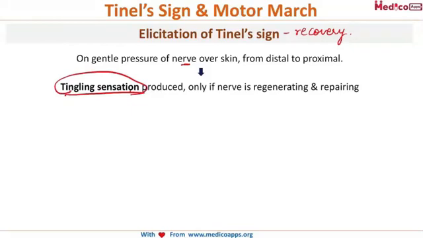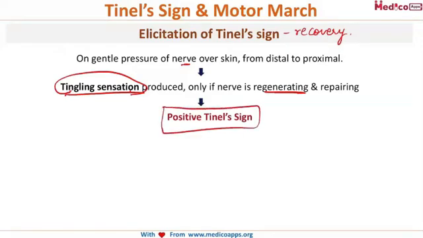This is present only if the nerve is regenerating, right? The tingling sensation is experienced only if the nerve is regenerating, and this we will term as positive Tinel's sign. Okay, this tingling sensation, which is an indication of regeneration, is a positive Tinel's sign and it's a sign of recovery. Now, what is motor march?